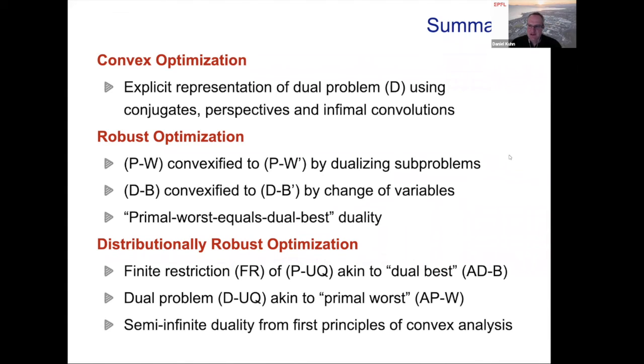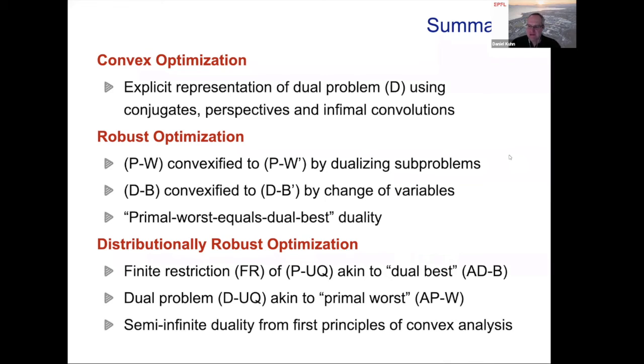In the second part, we have studied robust optimization problems, which we constructed as primal worst and dual best scenario problems. We have shown that the primal worst can be convexified by dualizing the embedded subproblems, and that the dual best can be convexified by a change of variables trick. This enabled us to derive a general primal worst equals dual best duality scheme for robust optimization problems.